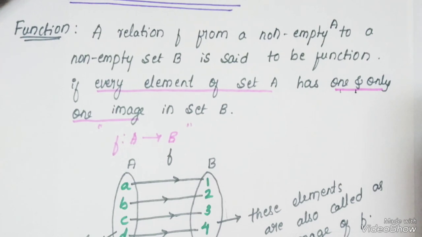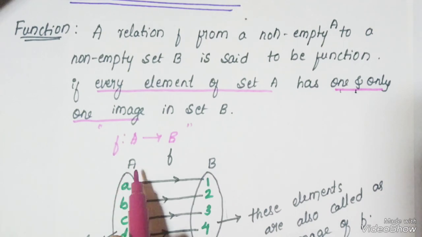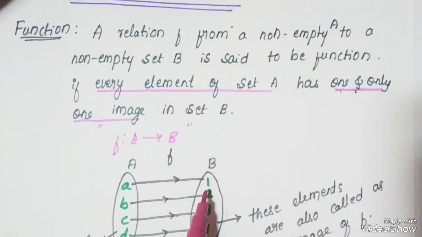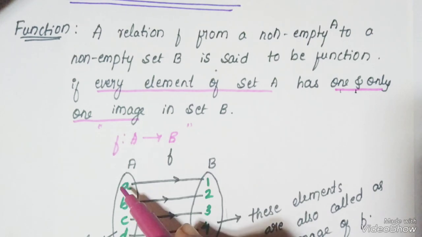Here another concept is range. What is the range? Range means the elements of the non-empty set A are related with images in B. What are the images of A? 1, 2, 3, 4.